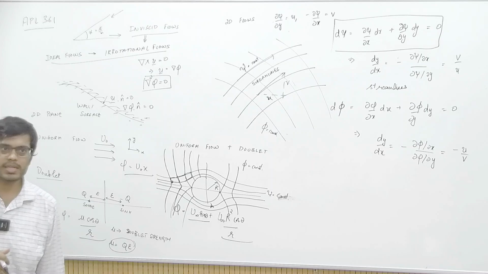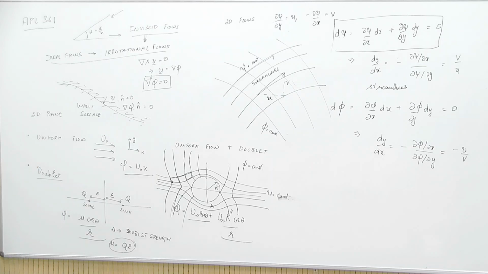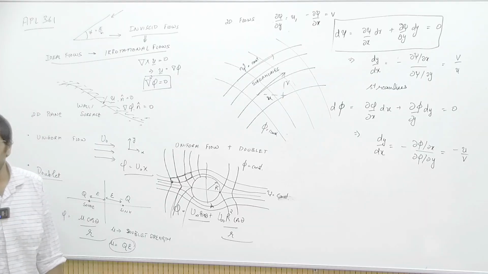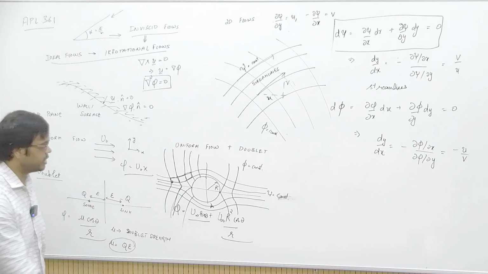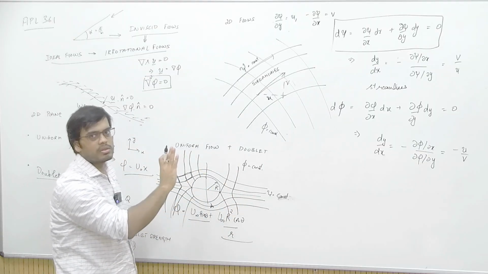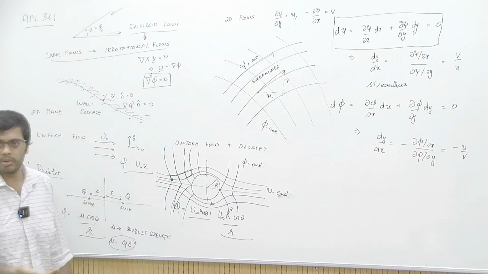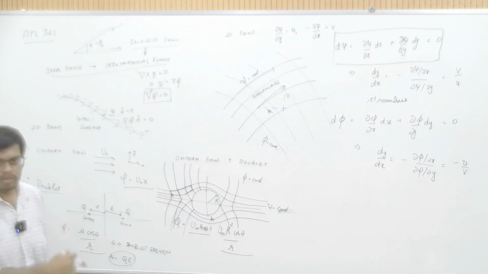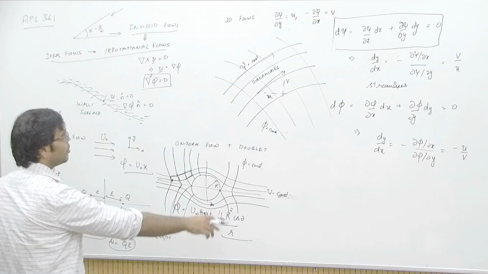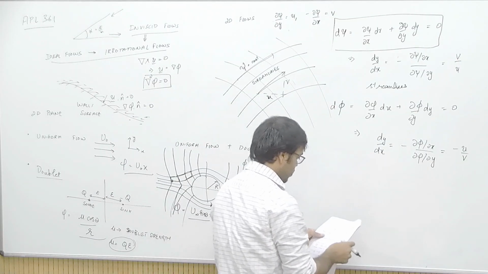This fact of phi and psi lines being perpendicular to each other is used in CFD to make meshes which are not too bad, as a first approximation, even though you are interested in a full viscous solution and not just the ideal flow solution. If you can calculate the ideal flow solution quickly, you can make a very nice mesh around the body, and then you can do your CFD and resolve all the boundary layers and so on. So, this is one basic concept that I wanted to highlight.